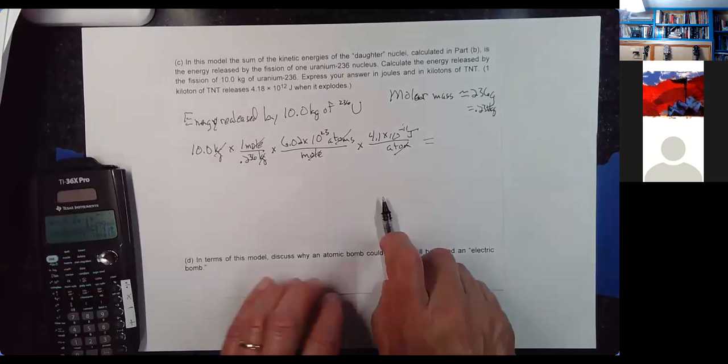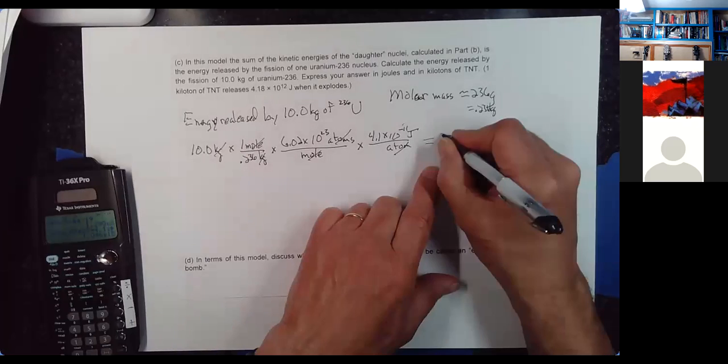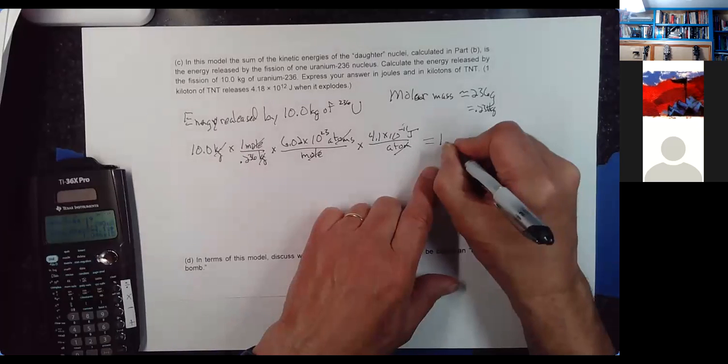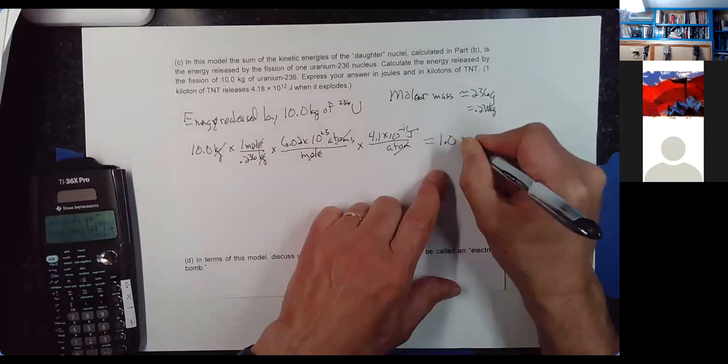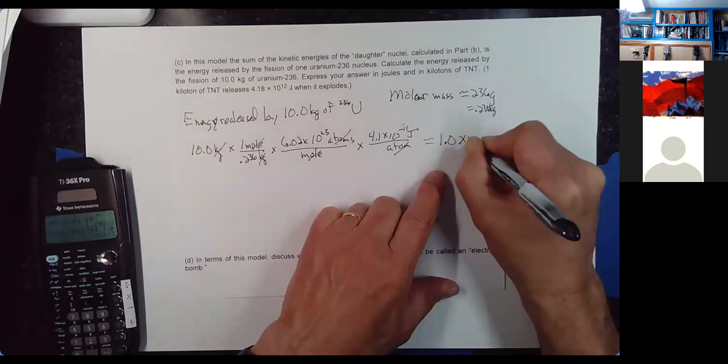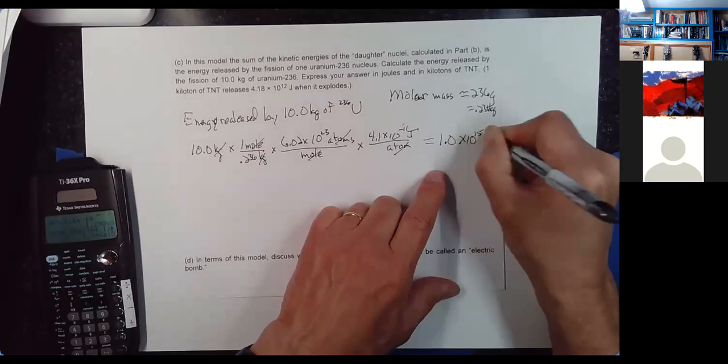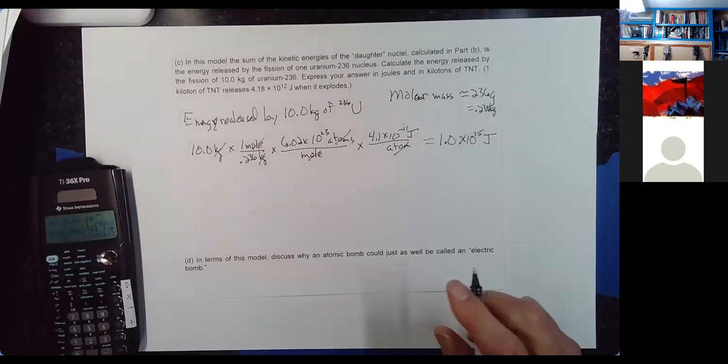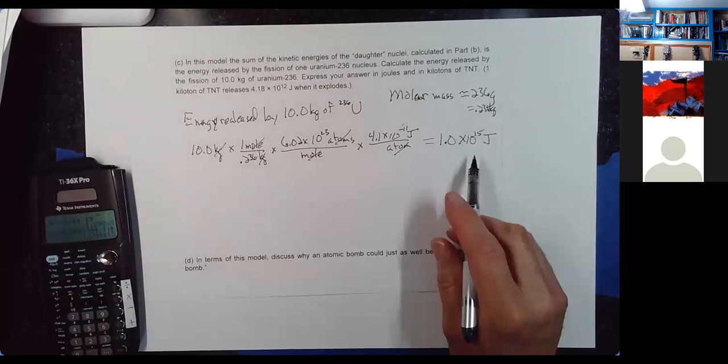And hopefully we got this right. I get something like 1.0, close enough, times 10 to the 15th joules of energy. That's kind of a lot.